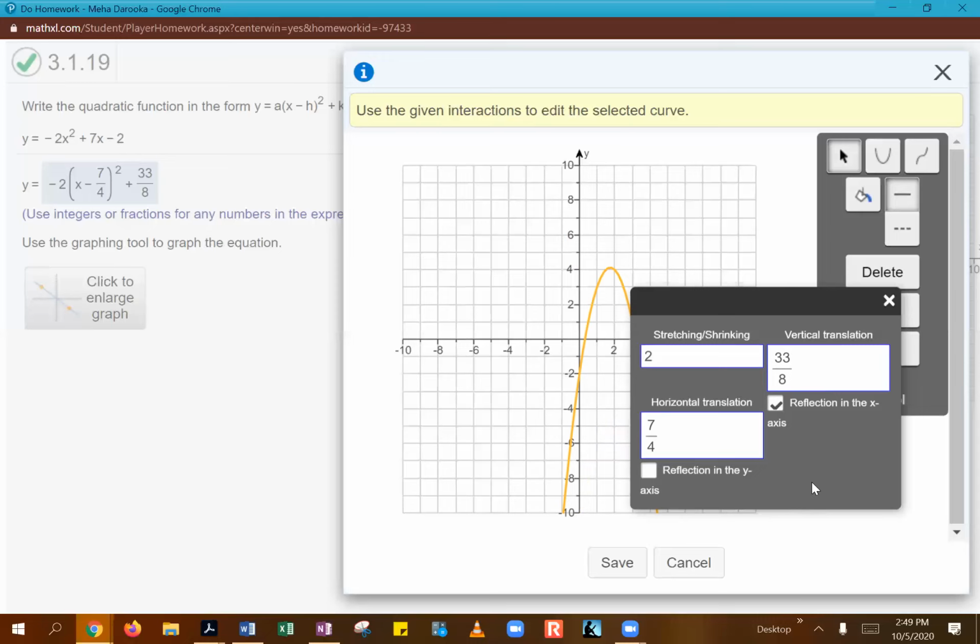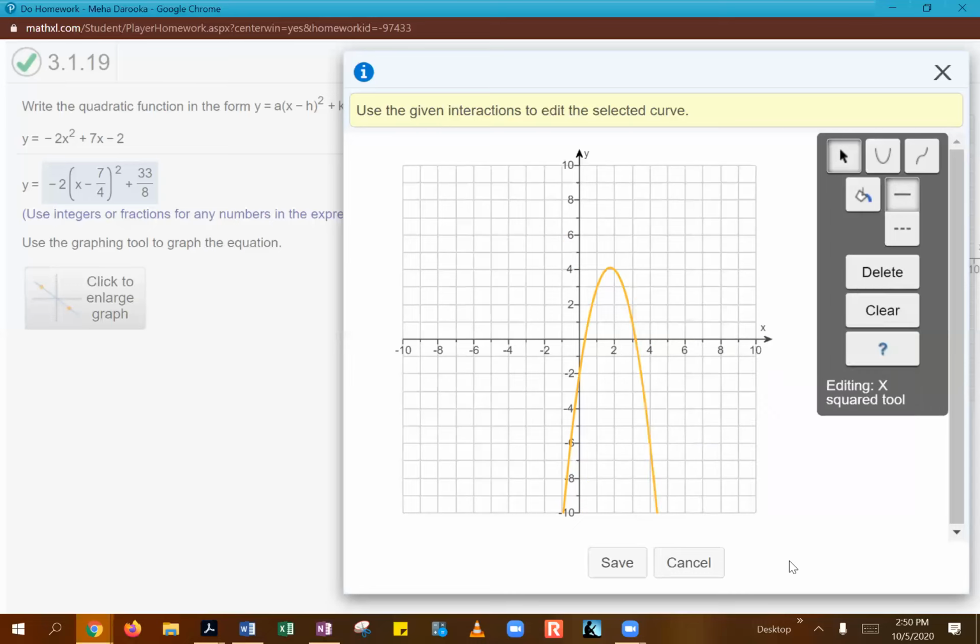Everything else looks good. We've got 2 for the stretch, 33/8 positive for the vertical, positive 7/4 for the horizontal. Yeah, that's my reasoning too, Abdulaziz. I think it's because of the reflection on the x-axis. Sometimes it makes it think it should be moving in the opposite direction than what we typed in.